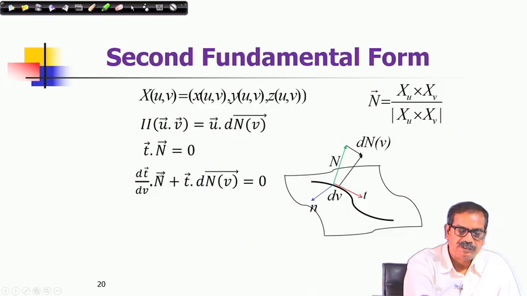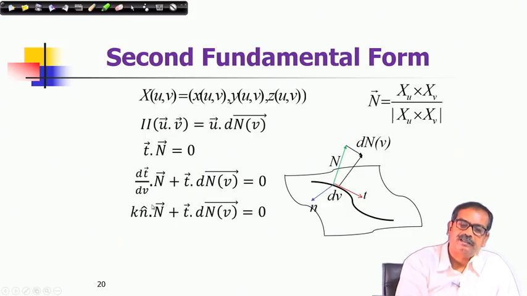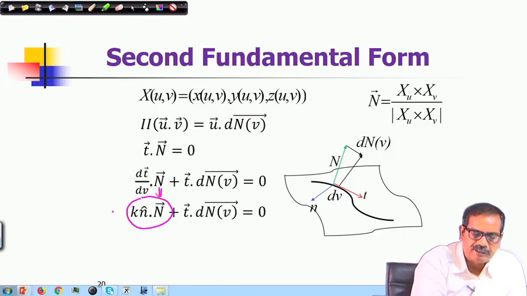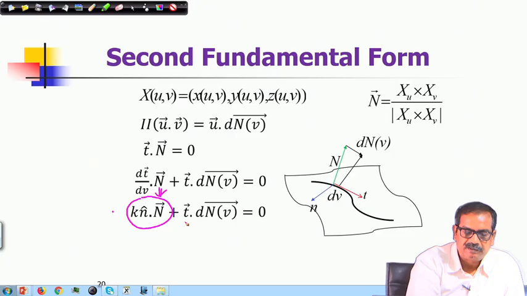We have already seen that if I take the derivative of the tangent, you get a vector along the normal of the curve at that point, whose magnitude would be the curvature at that point. So, you get this quantity here. This is coming from this, and this is actually the second fundamental form.